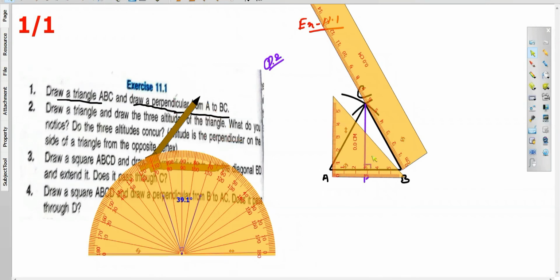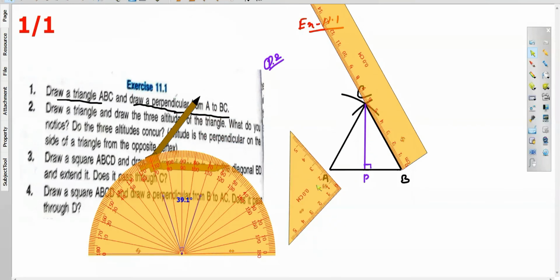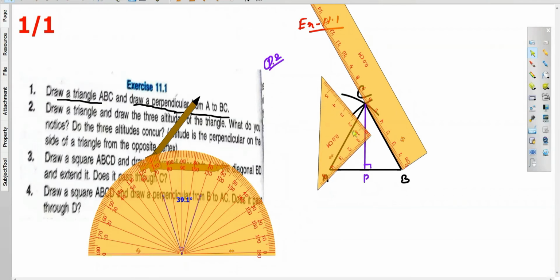Now bring the set square. And again, you need to adjust in such a way that the base is towards the ruler and the other end is towards vertex A. Exactly.